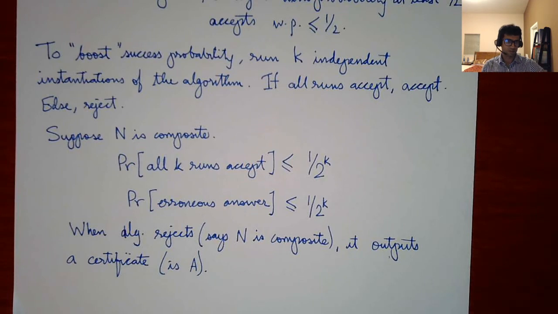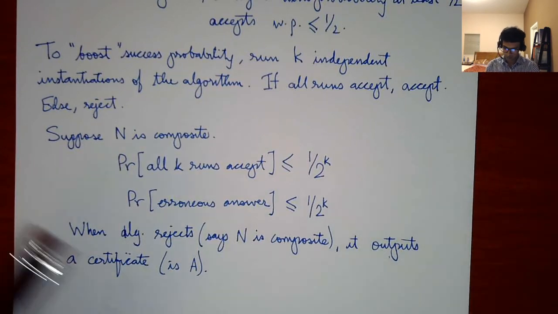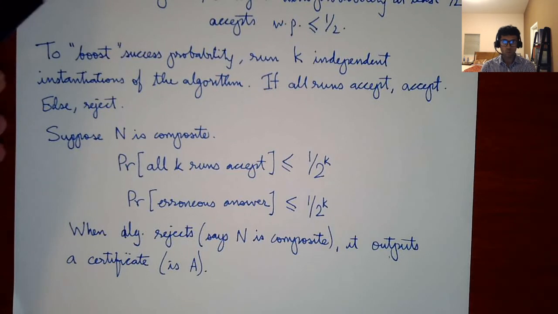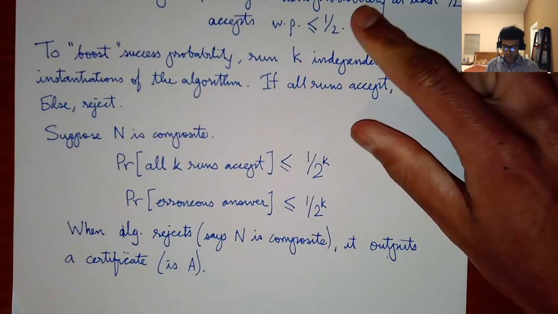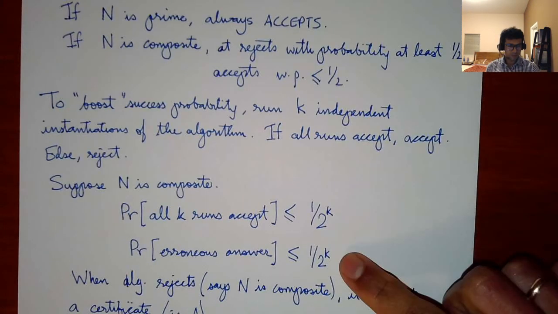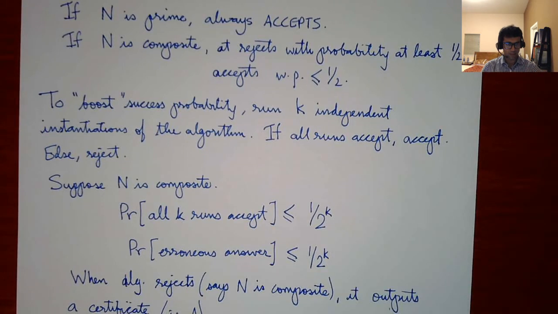And we'll see that there is a relationship. But when it's in the language, it always accepts. When it's not in the language, the probability that it erroneously accepts, we said was at most a half, and we agreed that we could even get it down to 1 over 2 to the k with k independent runs. And when it rejects, it provides a certificate.